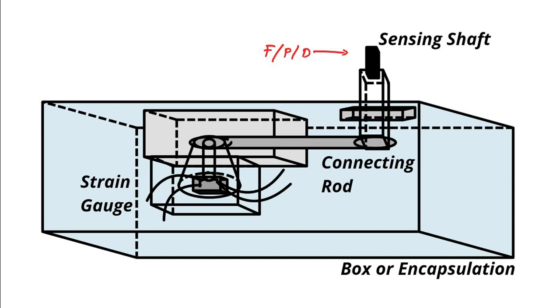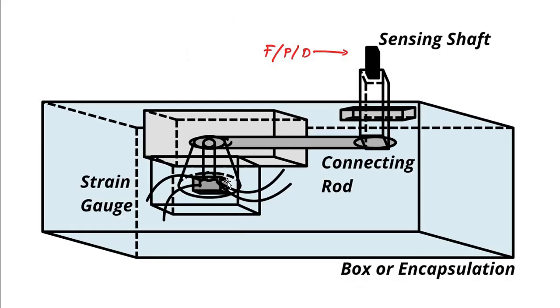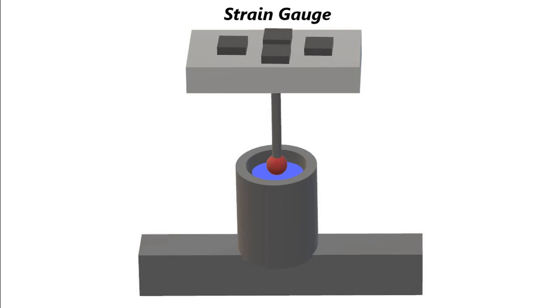So whenever the liquid level goes up or down, the rod attached with the sensing shaft of the strain gauge also undergoes movement, and as a result, via the connecting rod which is attached to the strain gauge here, 2 of the 4 wires undergo compression, 2 of them undergo expansion, and as a result there is a change in resistance. That change in resistance is converted to a voltage or current signal and we get a proper voltage or current signal output. This is the first way.